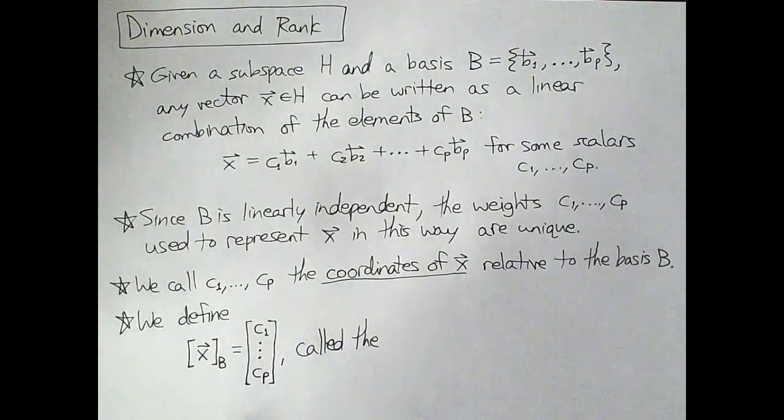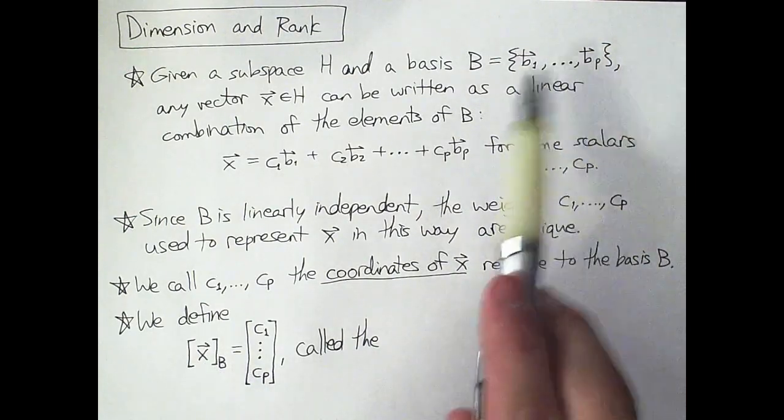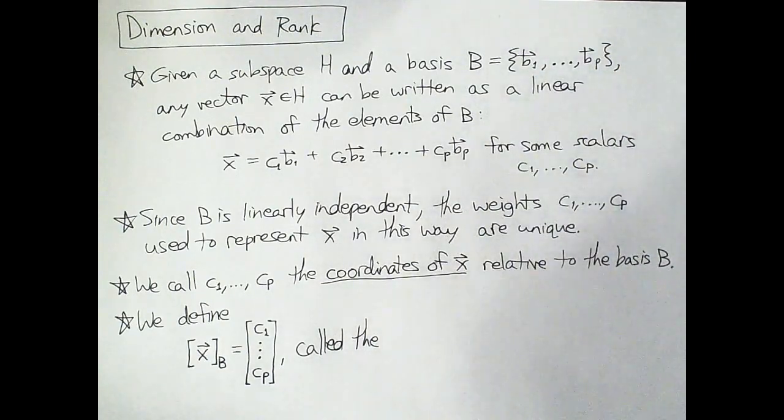Before I tell you what it's called, let's look at what this is. I'm saying an element of a subspace. We write a little b down here. That's the new notation. This is to indicate that we're doing it in terms of a particular basis. Remember how if you have a space or a subspace, you could have more than one basis for it.